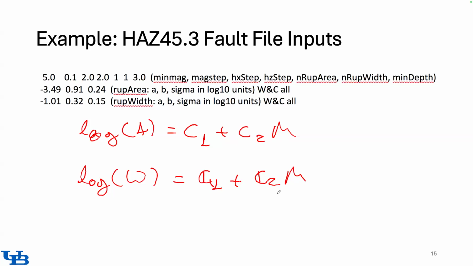But if you were to define it, like sample each area and its width, I don't know, 3 times, then it will use the mean value plus and minus sigma, and then assign a weight in order to approximate a normal distribution. So this is if you want to also account for the variability in the area of the rupture and the width of the rupture.